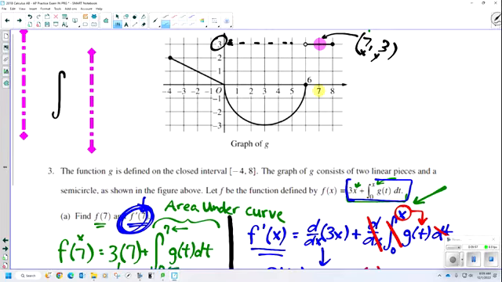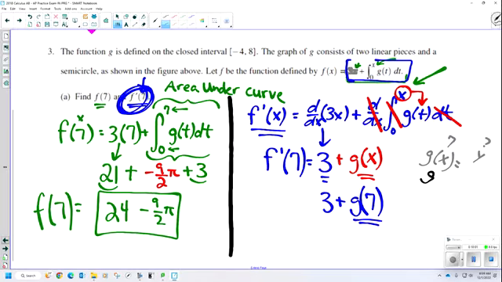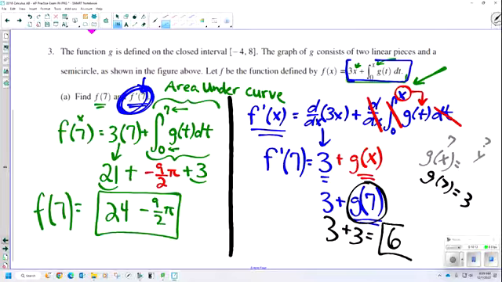There's my point. g of 7 is 3. That means this thing is 3. 3 plus 3. I told you the math of the calculator is not that difficult. Is 6. So f prime of 7 should be 6, and it is. And we're done with the first part.